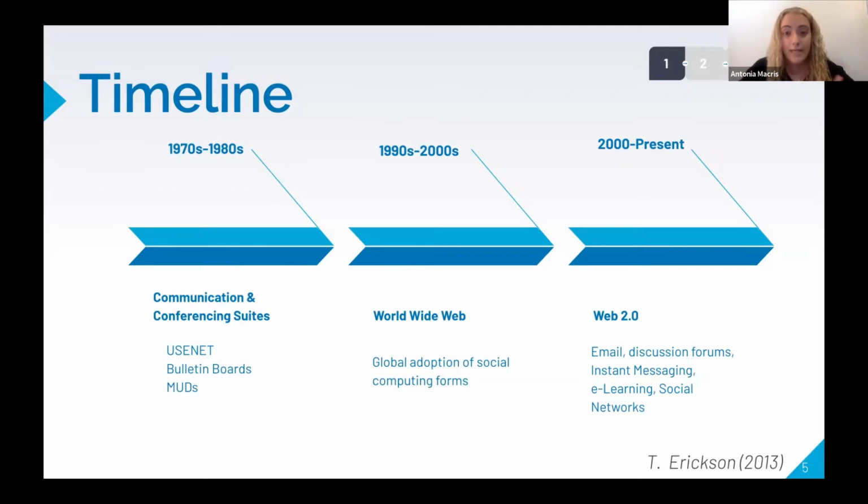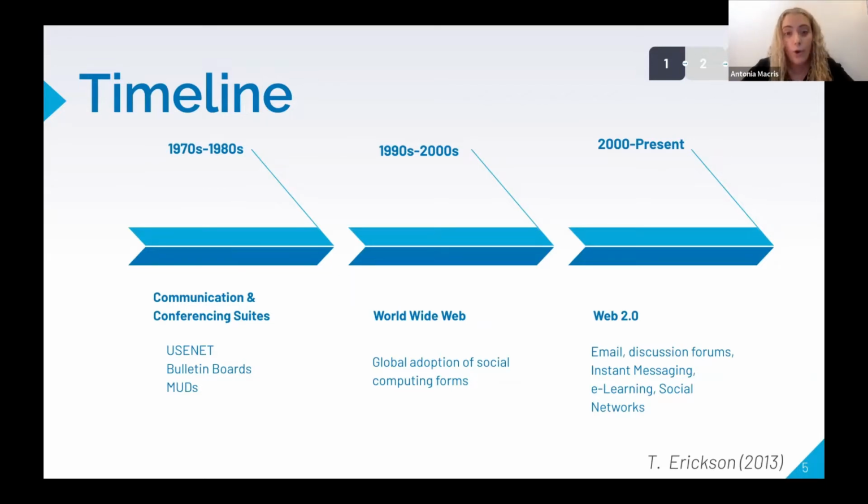Later, in the 1990s and the 2000s, the adoption of the World Wide Web brought this interaction up a notch, and it started making most of the world familiar with these social computing forms. From the 2000s until today, examples of social computing we see are emails, discussion forums, instant messaging, formal and informal e-learning, which we will look into a bit more, and all social networks, including Instagram, Facebook, LinkedIn, and more.